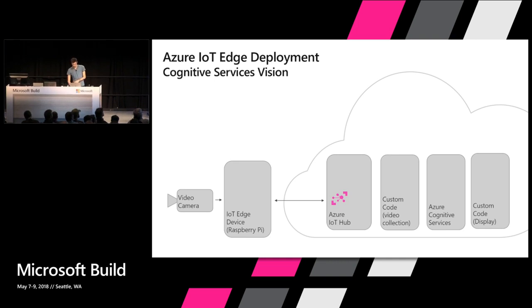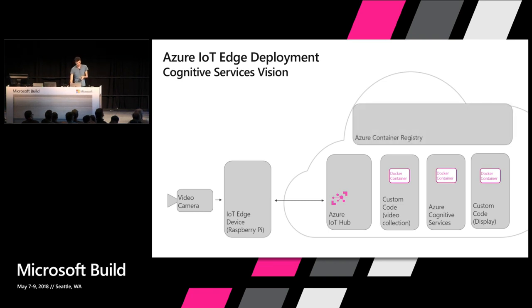And then we'll write another custom code module that will blink an LED, because it's an IoT demo, right? Then we'll package all those custom codes into Docker containers and move all those containers to an Azure Container Registry in the cloud. And then we'll write a deployment manifest that we'll push to the Azure IoT Hub service.